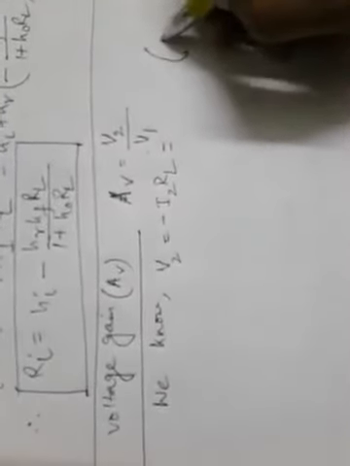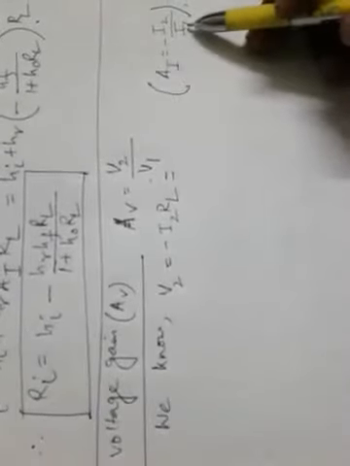Now we can write what is V2. It is minus I2 RL. We have seen about this. Since we know that Ai equal to minus I2 by I1, from here we can write minus I2 equal to Ai into I1.